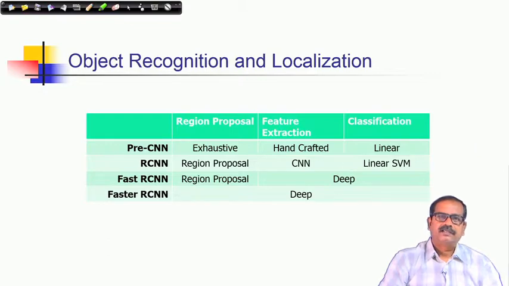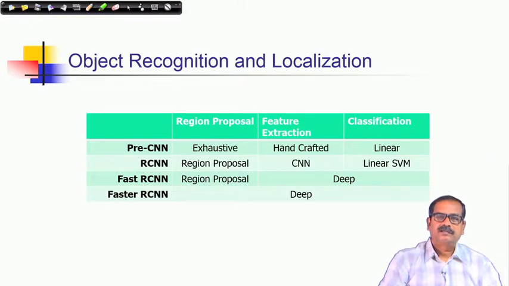It is a pre-CNN approach, and the region of the object in the image that needs to be identified, we call that task region proposal, which means you would like to find a probable region which contains an object, and then you try to find out what the object in that region is. So, this is a kind of approach.